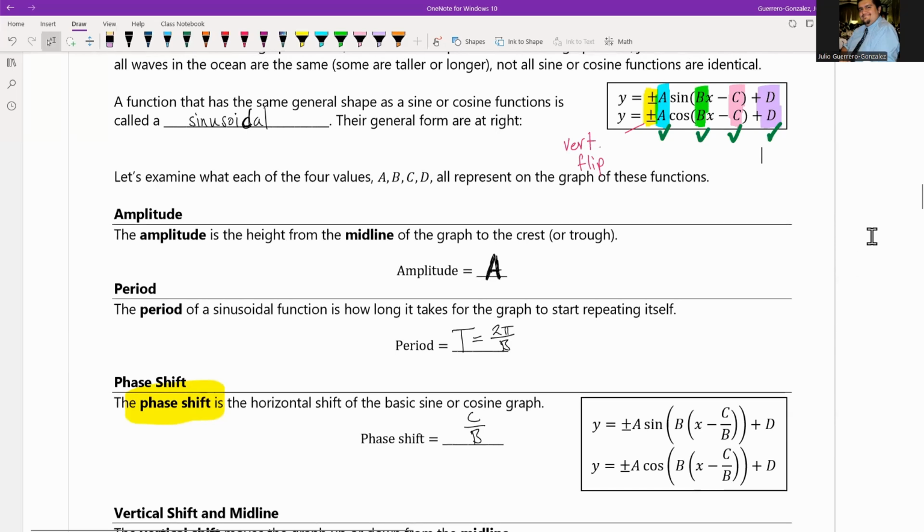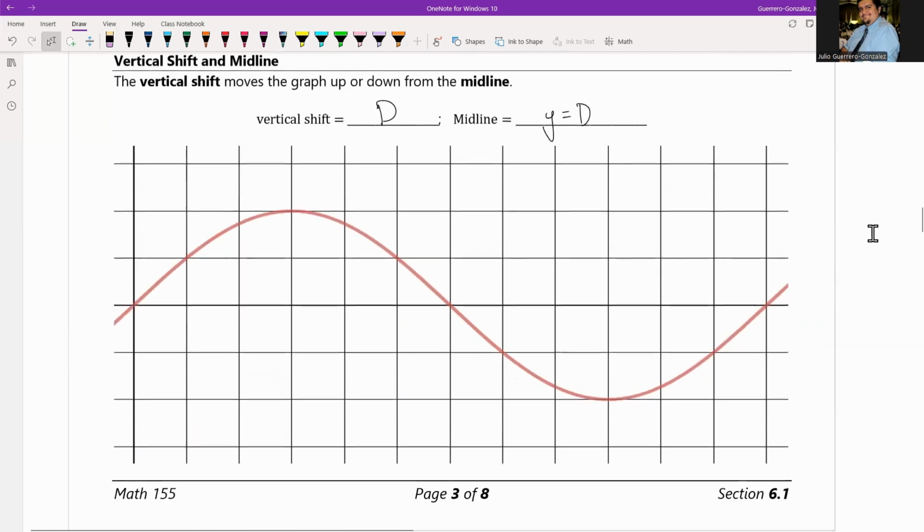All right. So now, how does that all look here? Suppose we had a sine graph. I'm going to do the sine graph as the example.